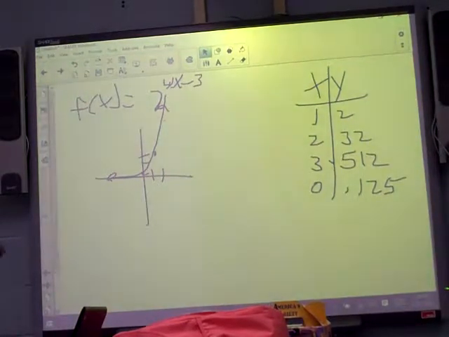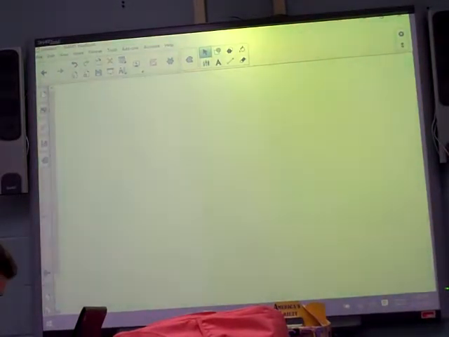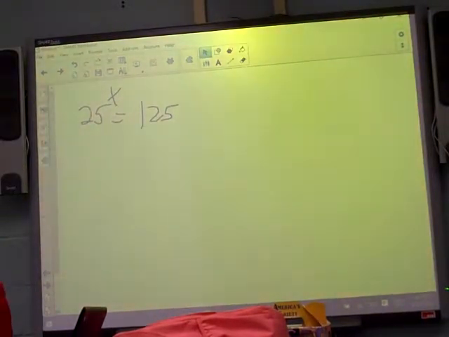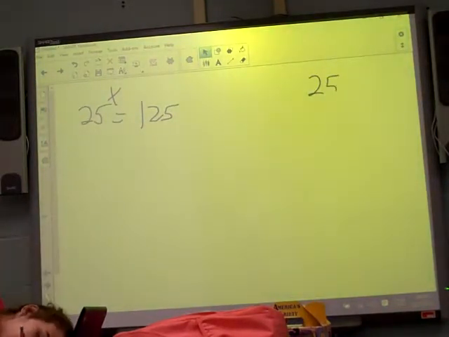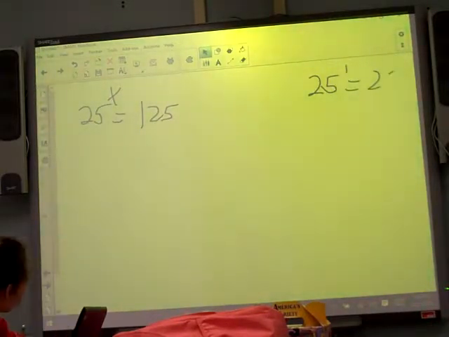Alright, let's solve some exponential equations now. This is the fun stuff. Y'all are good at graphing. I got 25 to the x is equal to 125. We got to figure out what x is. Now, here's what I need you to use some common sense on. You should know this isn't going to be a whole number answer. Because if I look at 25 to the first power, that gets me 25.